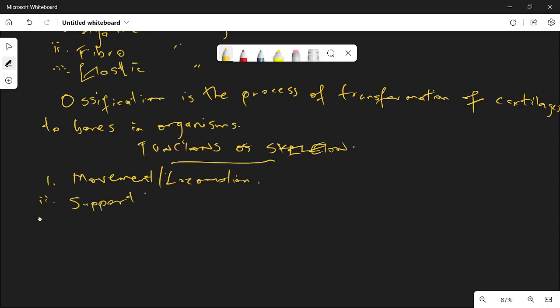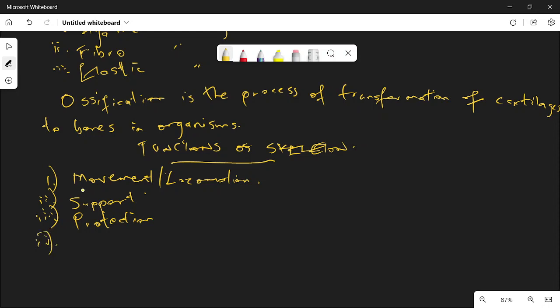It is with the aid of the skeleton that we are able to stand upright, and it is with the skeleton that we have the ability to move about. Then protection. The skeleton gives protection to some internal organs of the body.